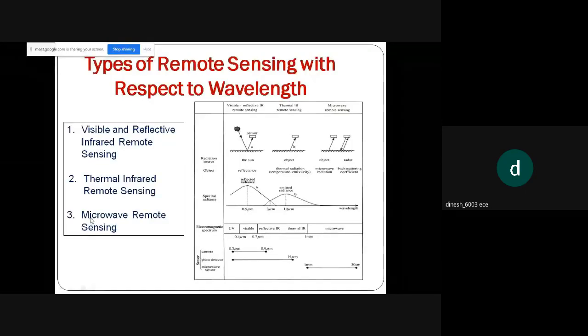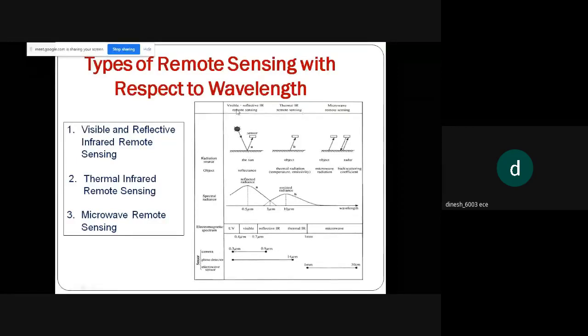For microwave remote sensing, the wavelength in microwaves is being used. So I divide the table into three. You can see the three: the first column is visible, reflective infrared remote sensing. Second column, thermal infrared remote sensing. The third one is microwave remote sensing.